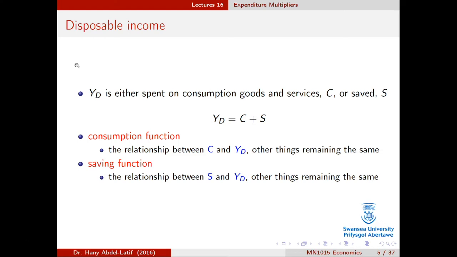The saving function is the same. It's the relationship between savings and disposable income. We want to understand how, when disposable income changes, when people are left with more money, this is going to affect their consumption and their savings.